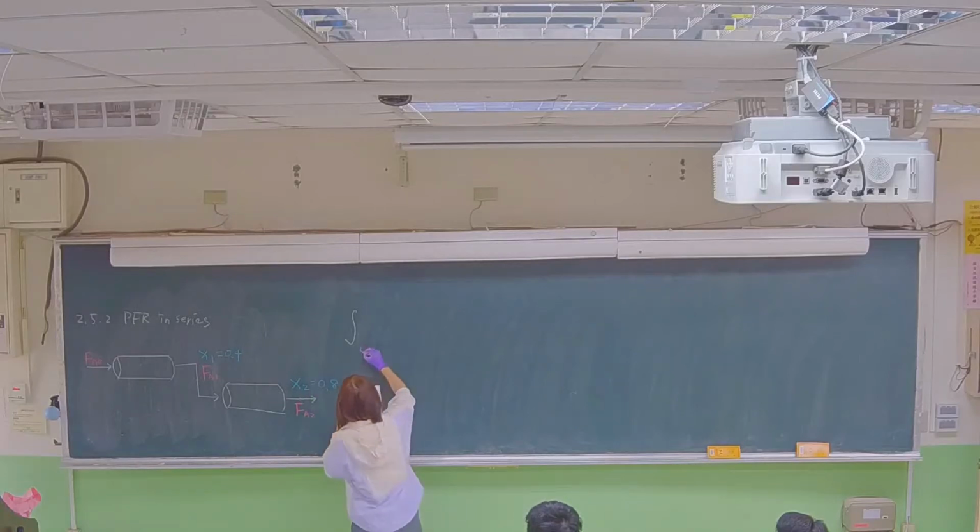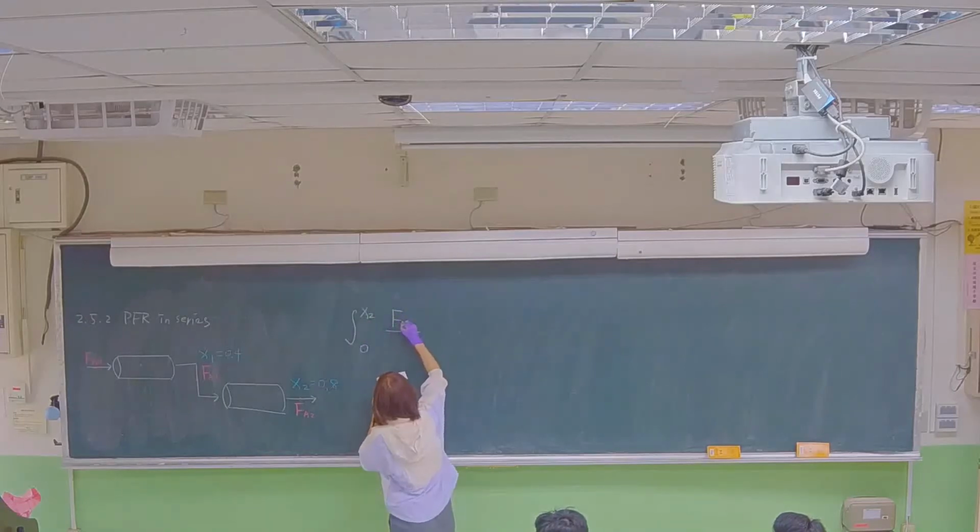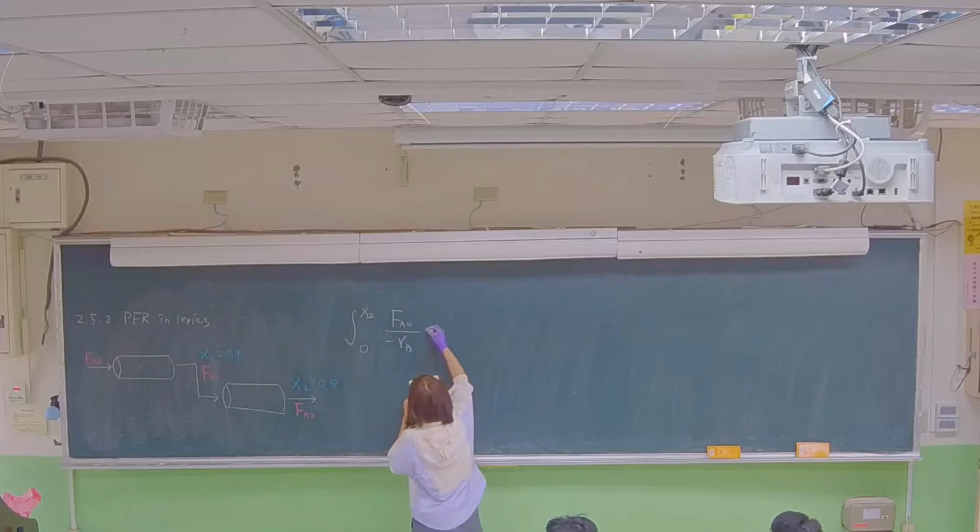So V equals FA0 times the integral from 0 to X2 of dX over minus rA.